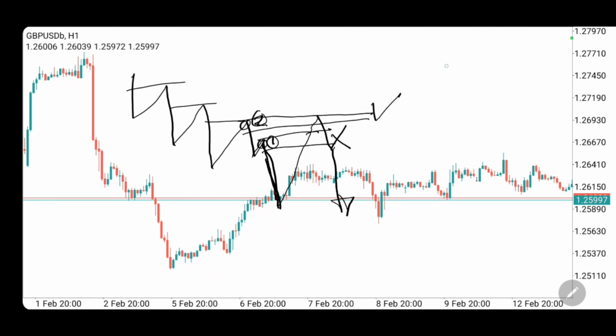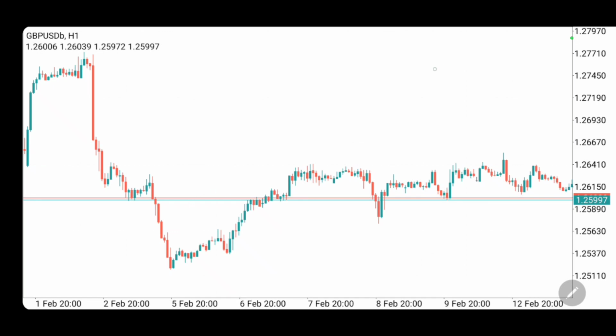Now this is a sell scenario. Let us see a buy scenario. You have a bullish market structure, like that. Now this is the main zone being created. After the main zone was created, you have another mini zone created like this.